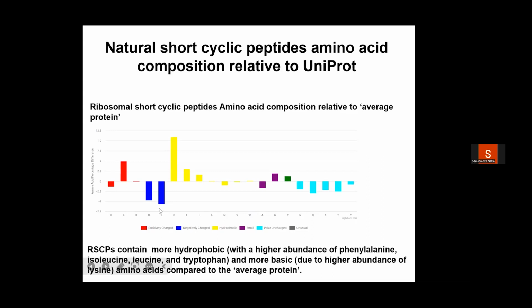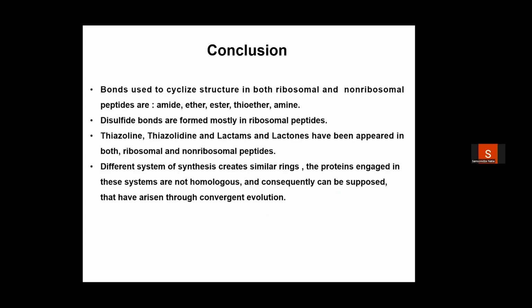They are also enriched by cysteine, which takes part in macrocyclization, and also glycine, which makes the sequence more flexible to create cycles.